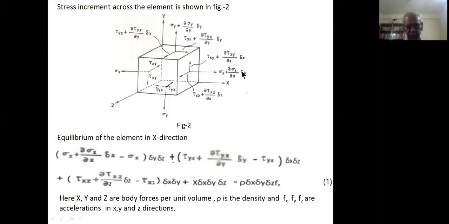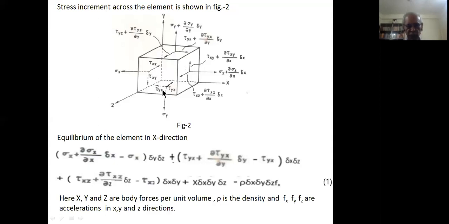This is a typical way we consider the increment, as we have seen before. Del sigma x by del x is a rate of change of the stress multiplied by the length over which it is changing. So the stress sigma x has changed to sigma x plus del sigma x by del x into delta x.